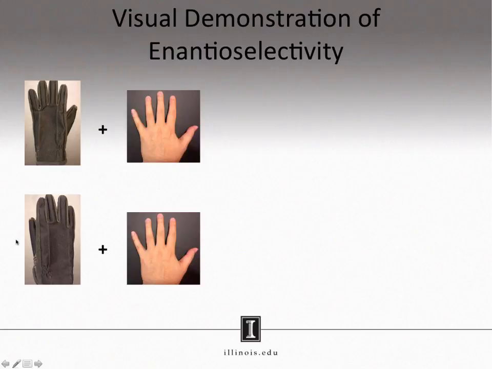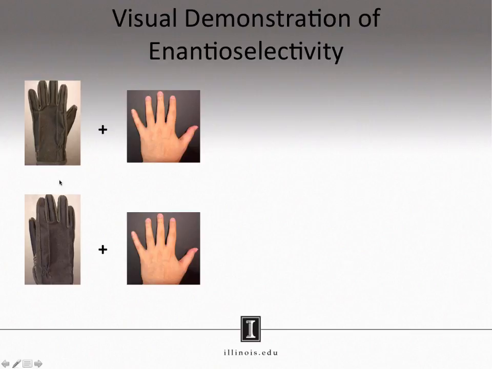In this case, my left hand. You can think of my left hand as the one enantiomer of alcohol on the previous slide. We're going to take one enantiomer of my hand and try to place it into each enantiomer of this glove. Or, in the actual reaction, we're going to take one enantiomer of alcohol and react it with each enantiomer of catalyst.